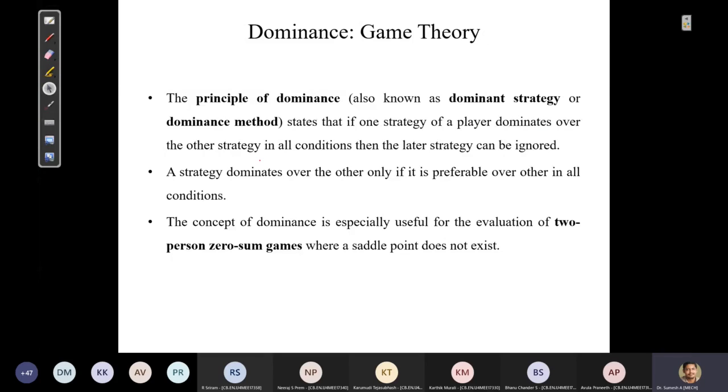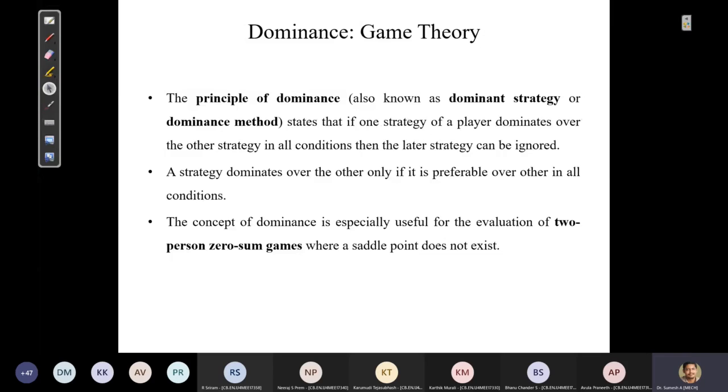Whichever strategy is dominant, we consider that one and ignore the weak strategy, and can reduce any higher order problem to a 2 by 2 and solve it. A strategy dominates the other only if it is preferable in all conditions.